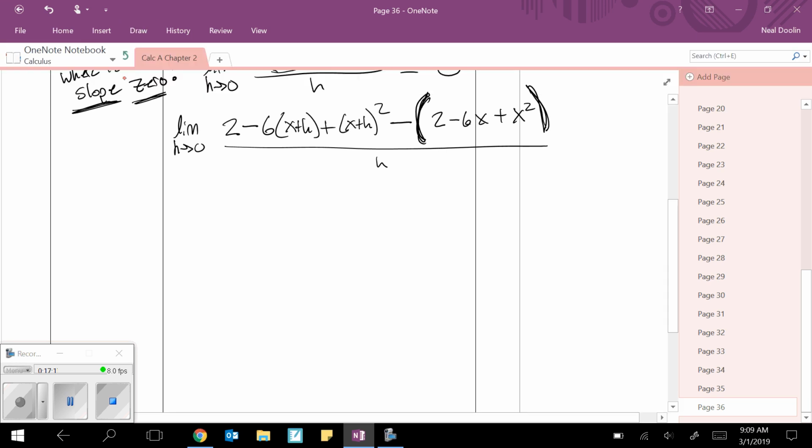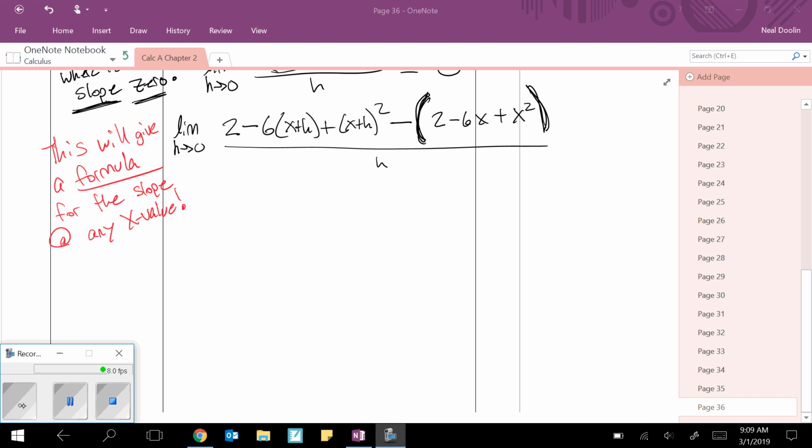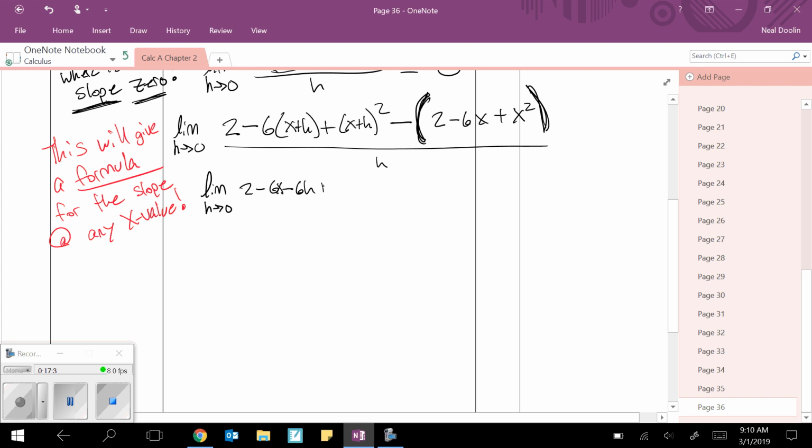Okay, so let's put on our algebra caps and get going. 2 minus, let's distribute that 6. 6x minus 6h plus, and then we're going to subtract off all those things, divided by h.